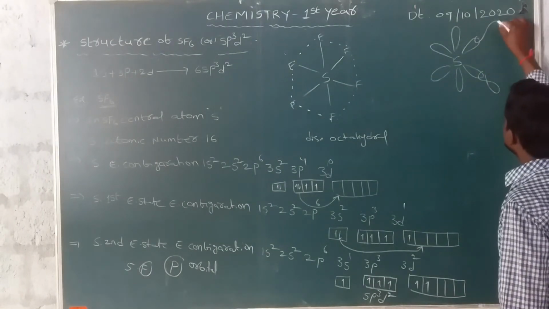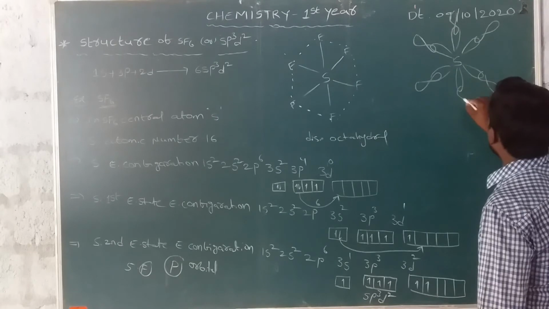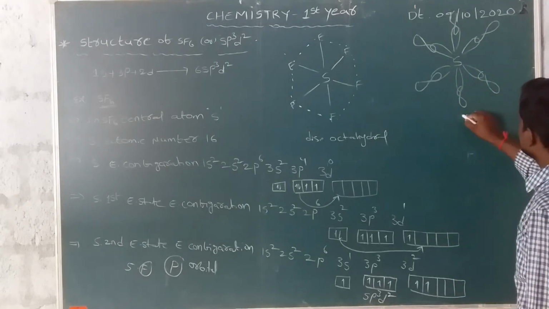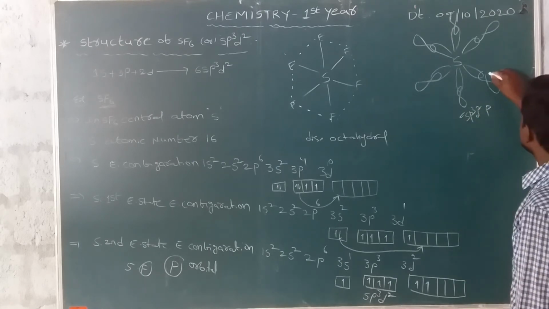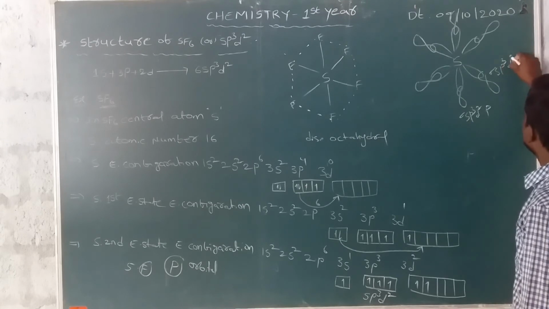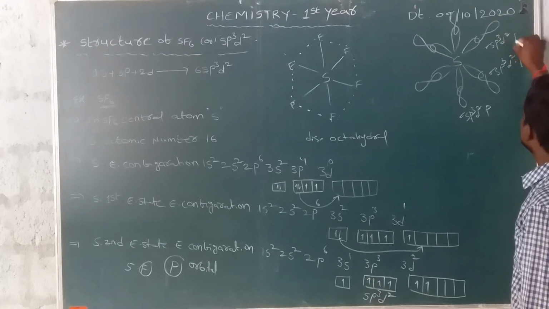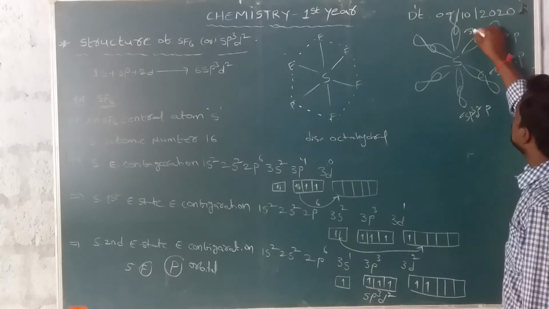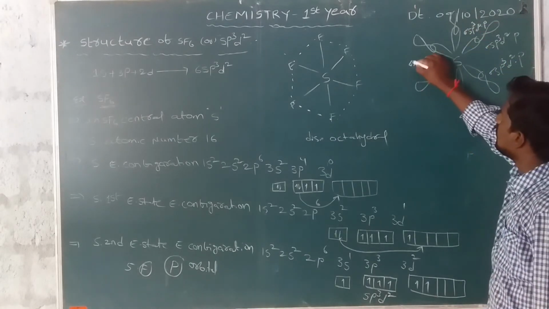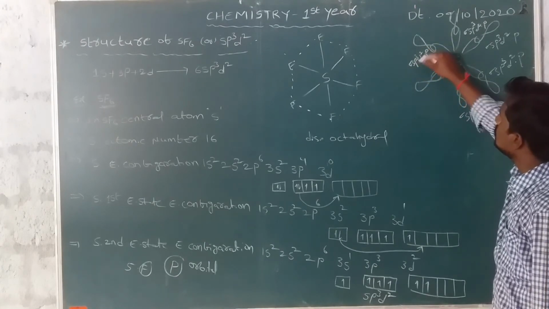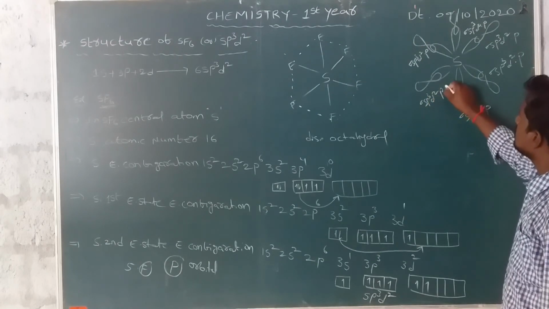First p orbital, second, third, fourth, fifth and sixth. These are sigma sp3d2-p bonds, six of them present.